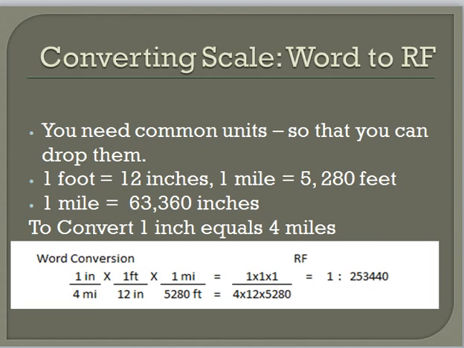If you multiply the 4 miles by the number of inches in a foot and then the number of feet in a mile, you will get the number of inches that are equivalent to 4 miles. And because you have 1 in the numerator, and that's the left side of your ratio, your new RF would be 1 to 253,440, and it would not have any units because you just removed them all.